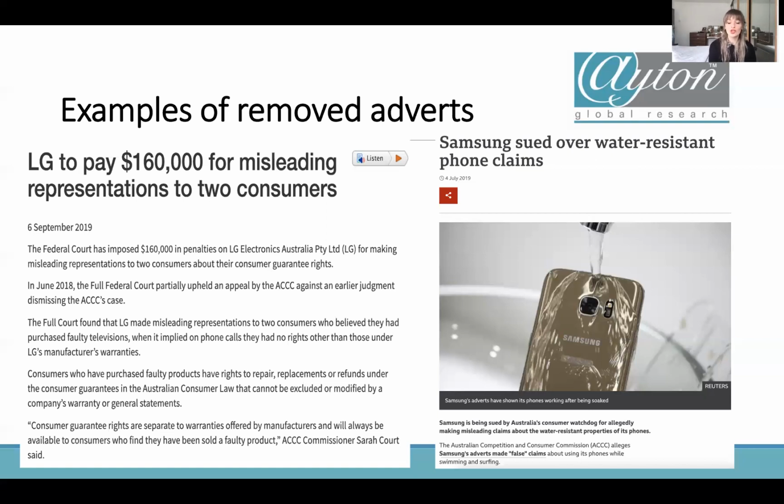And Samsung got in trouble about water-resistant phone claims. Basically, they showed in their advert the phone underwater, but actually it's not that resistant to water. So people were using it while surfing and swimming, and obviously it was breaking. I think phone development has really improved, where you can get it a little bit wet and it's not going to die, but you really shouldn't submerge it in water for a long time.